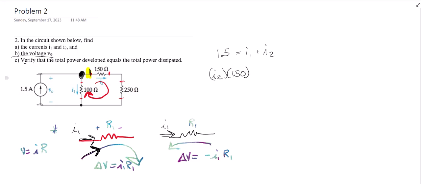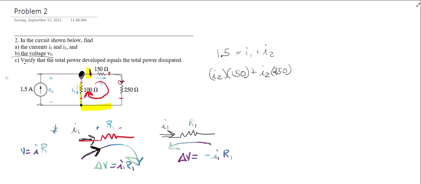Now I2 doesn't change as it continues along this path because the 250 ohm resistor is in series with the 150 ohm resistor. So the same current flows through it, so I also have I2 through the 250 ohm resistor, and it's also going in the direction of the loop. But then as I come up over here, I'm going up this middle branch, and I1 is going down that middle branch.